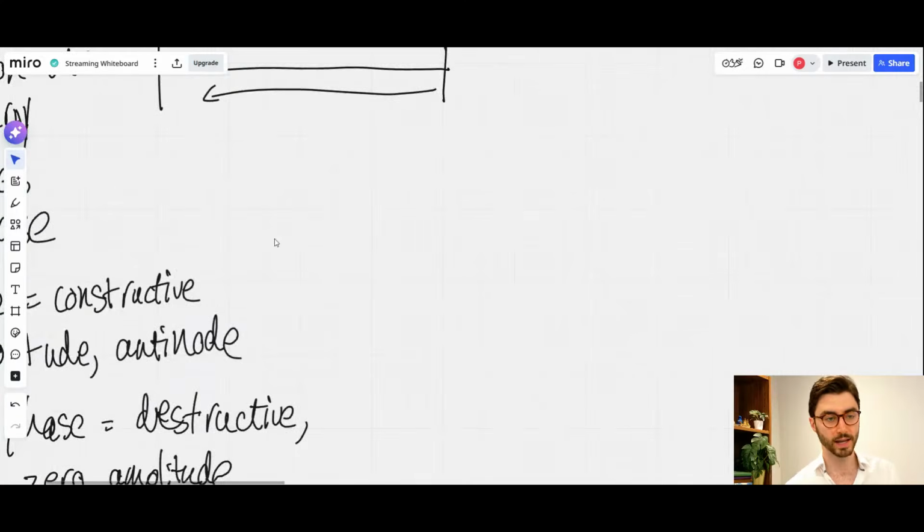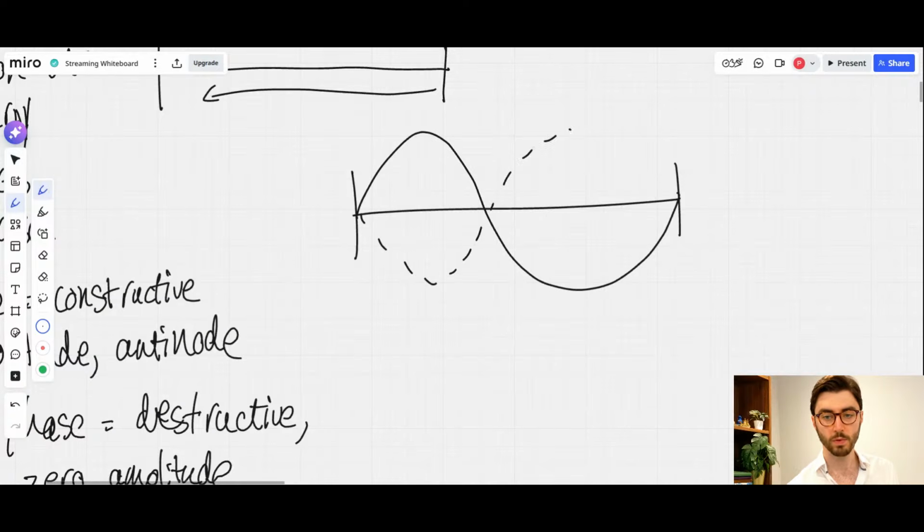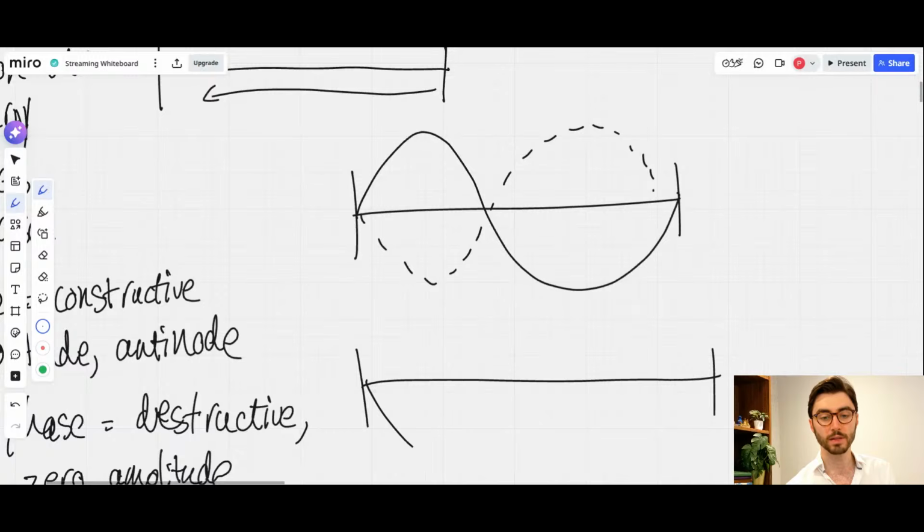So that will look like this. I'm just going to do the first harmonic, and harmonics are things we're going to get into. Or rather, actually, no, I'll do the second harmonic. So the idea is that at one point in time, it's going to look something like that. At some later point in time, it's going to have flipped.